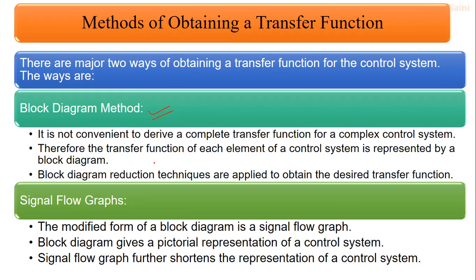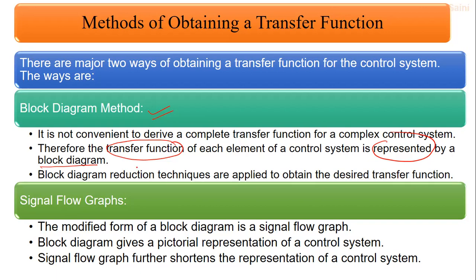So instead of writing the mathematical equation, we represent the transfer function of every element in the control system with a block. So every element will have a block, right? And these blocks may be connected in cascade, in series, sorry, in parallel, or in any other complicated manner, right? Now, block diagram reduction techniques are applied to obtain the desired transfer function.